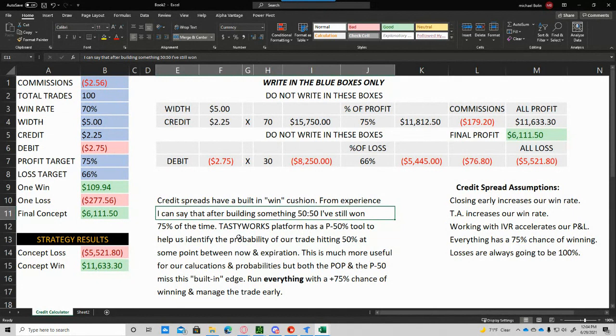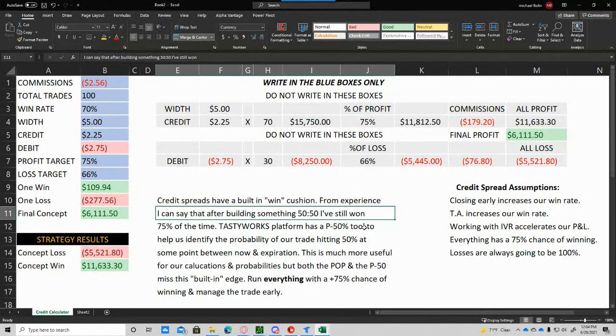And since I know that from journaling my own trades and from the styles that I use and managing them when they go wrong, I don't really sweat the small stuff. I'll build it at the money, out of the money, kind of go wherever I want. I still know it's carrying that inherent win rate of about 70 to 75%.